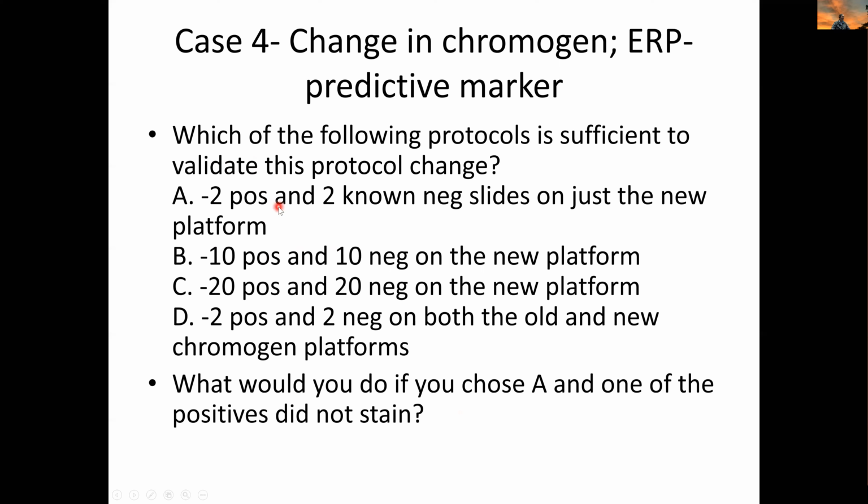Is there something else? Is there chimeric, steric hindrance or some other process going on that is making this new chromogen less reliable than your previous one? So you have to evaluate and look at these and investigate them to see and find the problems.